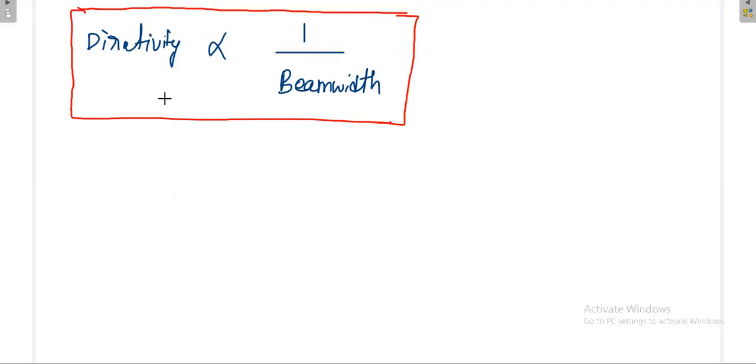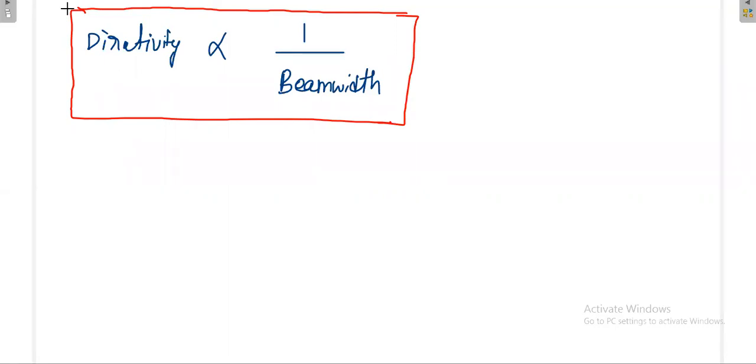Until that point your EM signal can go. So if you want to go a longer distance, then definitely the beam width of the antenna has to be less. If your antenna is radiating in all directions, then it will have more beam width, but it will have less directivity and less gain, otherwise it cannot go a longer distance.